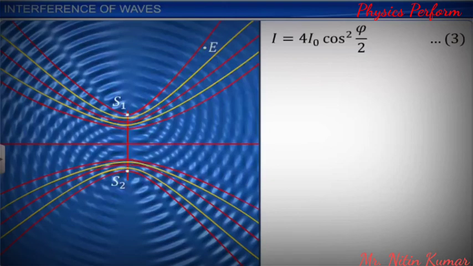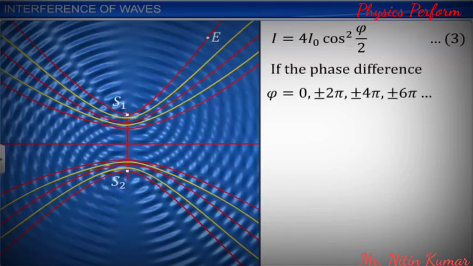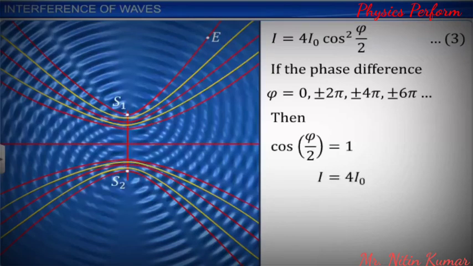If the phase difference phi is equal to 0, or plus or minus 2 pi, or plus or minus 4 pi, and so on, then cos(phi by 2) is 1, and hence I is equal to 4 I naught. These points represent the interference maxima. This is the general condition for constructive interference in terms of phase difference.